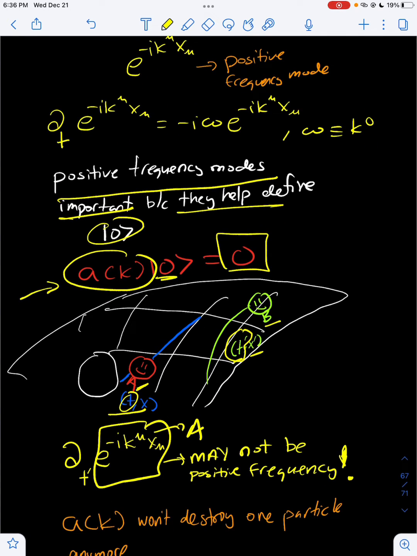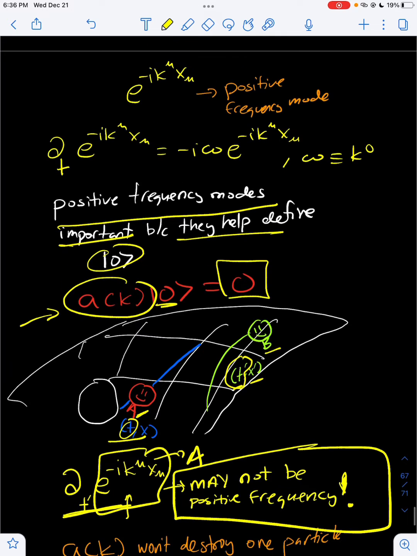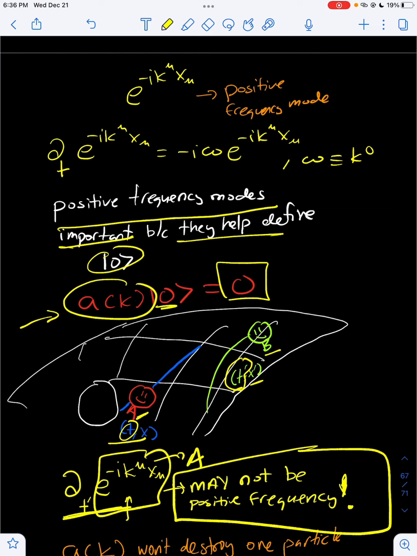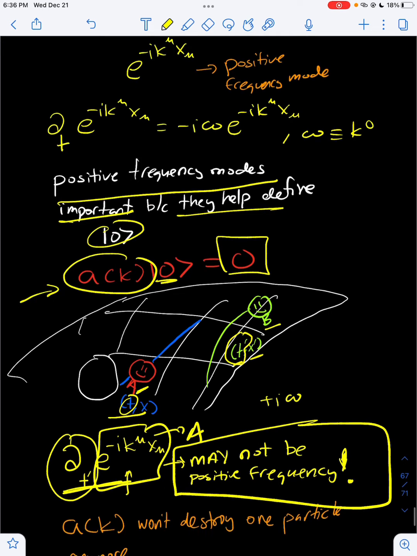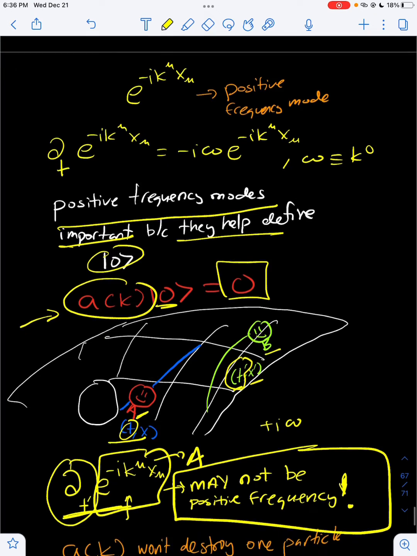And when he applies his time derivative in his frame to the plane wave, he actually might find out that it's not a positive frequency. He may actually get something that's a negative frequency, like plus I omega, after applying partial t prime. He might even get a mix of positive and negative frequencies.